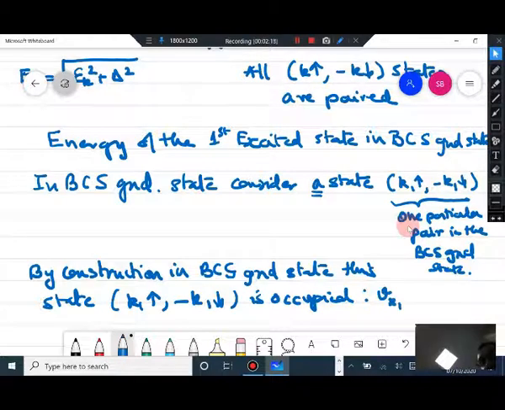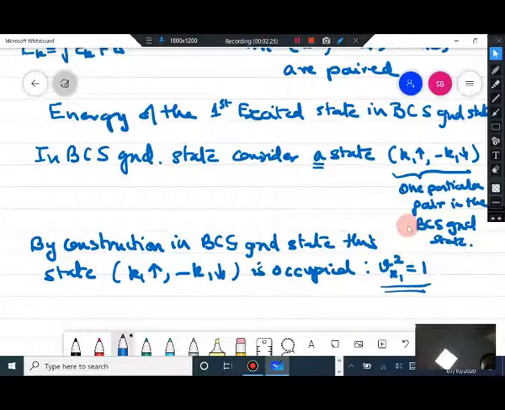Hence, the Vk1 square for this is 1 by construction. So by construction, let us choose this one particular state where it is certainly paired up. So the occupancy of the k1 up minus k1 down state is 100%, which is Vk1 square is 1. It is given.